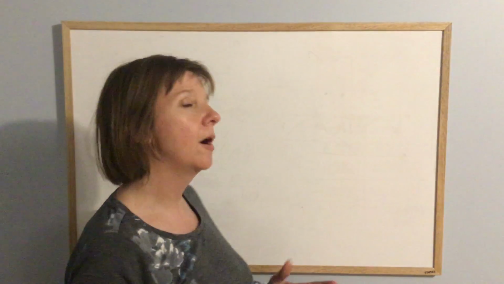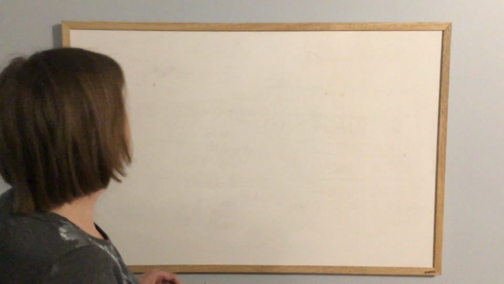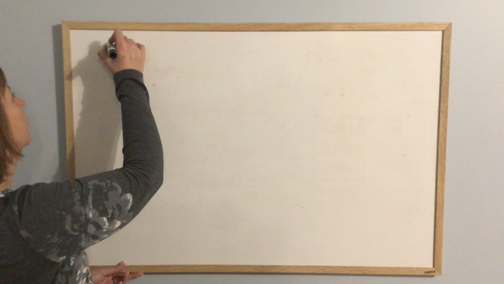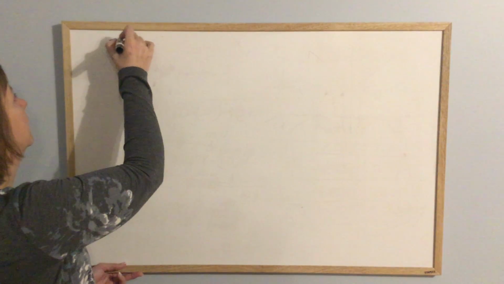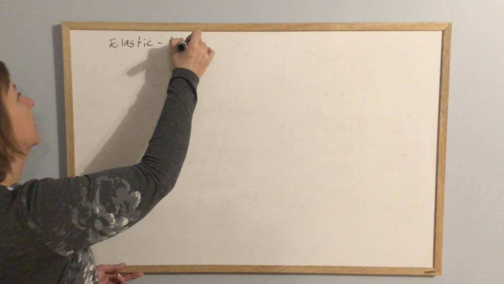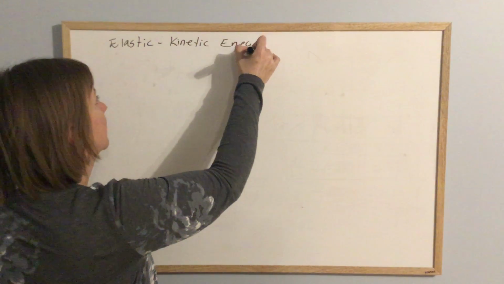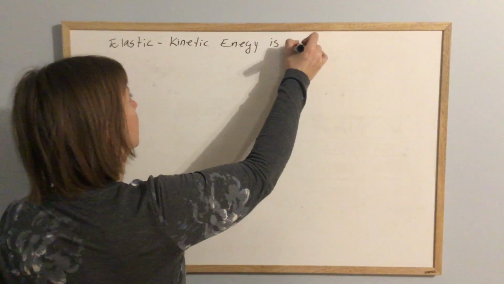All right, the next model problem in this deals with elastic versus inelastic collisions. We actually did this in a section further back when we were doing grade 11 physics. The difference between an elastic and an inelastic collision is that if it is elastic, then kinetic energy is conserved.